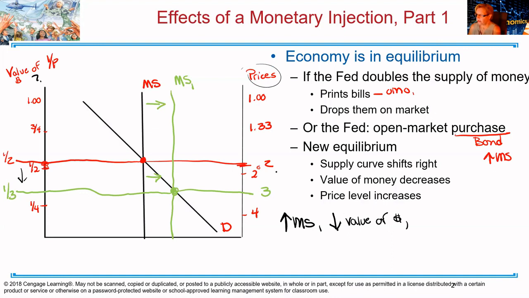The price level increased, increasing prices. So the supply curve, because that's the money supply, shifted to the right. So there's step one. Step two is the value of $1 decreases. Step three is the price level increases. So that's showing you what happens in terms of a monetary injection.